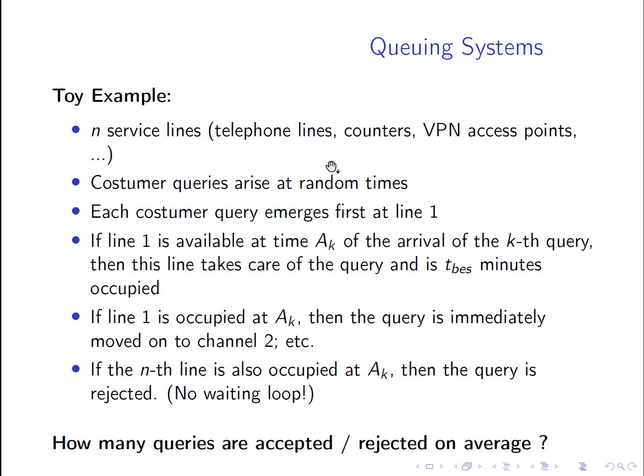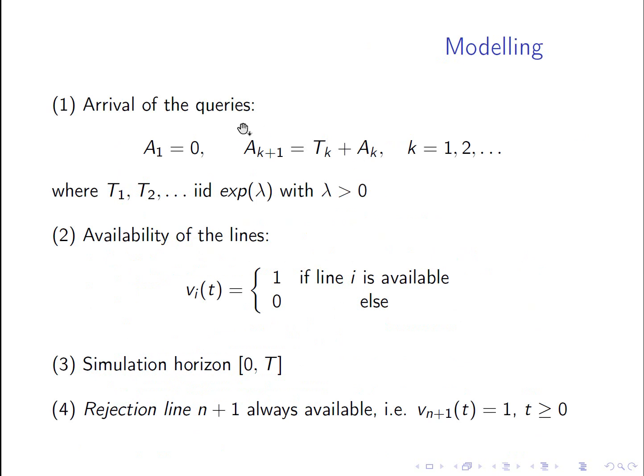So here we have a basic model, so that the queries emerge at times a_k, and we are proceeding from 1 to n, and if all are occupied, then we are rejected. But for simulating the system, we need a bit more modeling input. The first thing we need to model is the arrival of the queries. On the previous slides, there was just randomness stated.